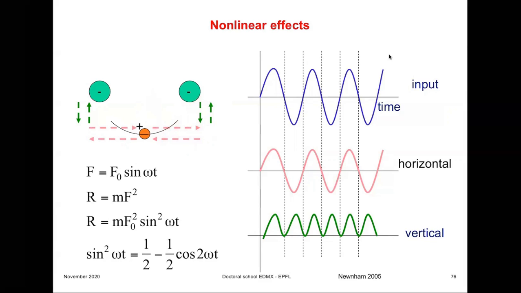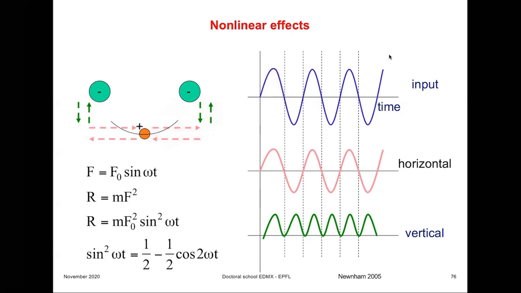So let's apply force at 0 and go to maximum. So here. The orange atom will move like this, and it will also move like that. So it will make this motion, and it will make this motion. Then we go from maximum down back to 0.